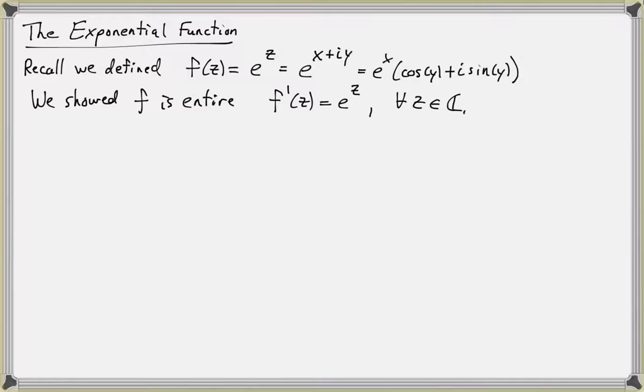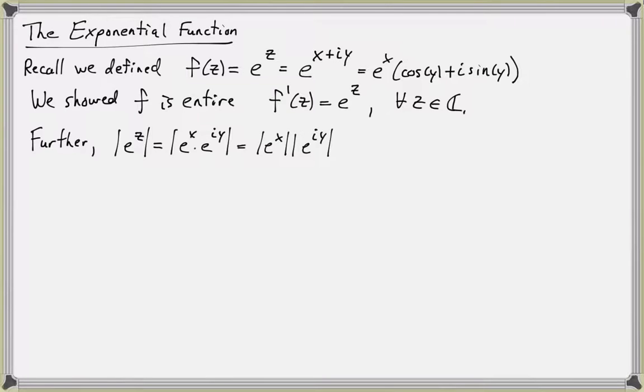Also, we looked at the absolute value of e to the z as the absolute value of e to the x times e to the iy, and then this equals the absolute value of e to the x times the absolute value of e to the iy.